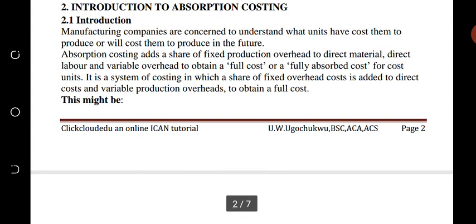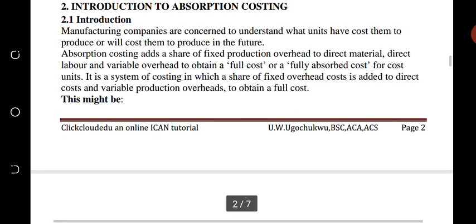Absorption costing adds a share of fixed production overhead to direct material, direct labor, and variable overhead to obtain a full cost, or a fully absorbed cost, for cost units. It is a system of costing in which a share of fixed overhead costs is added to the direct cost and variable production overhead to obtain a full cost.